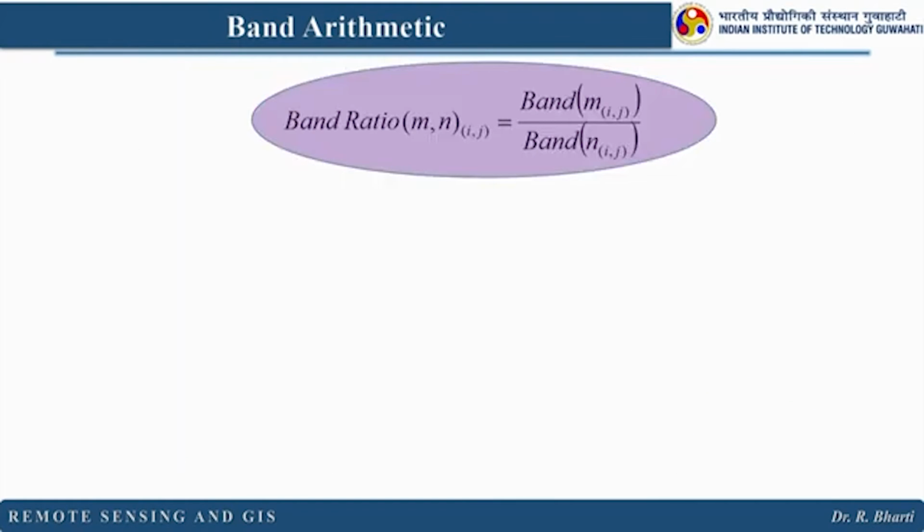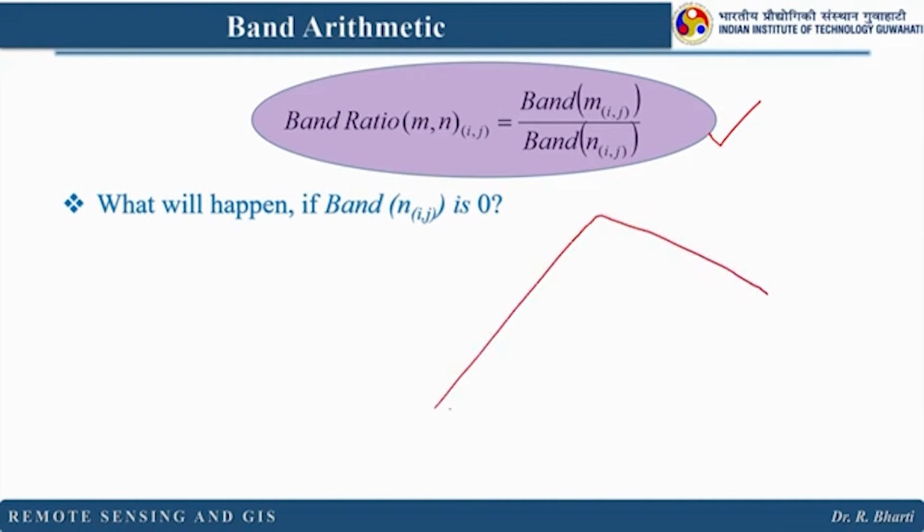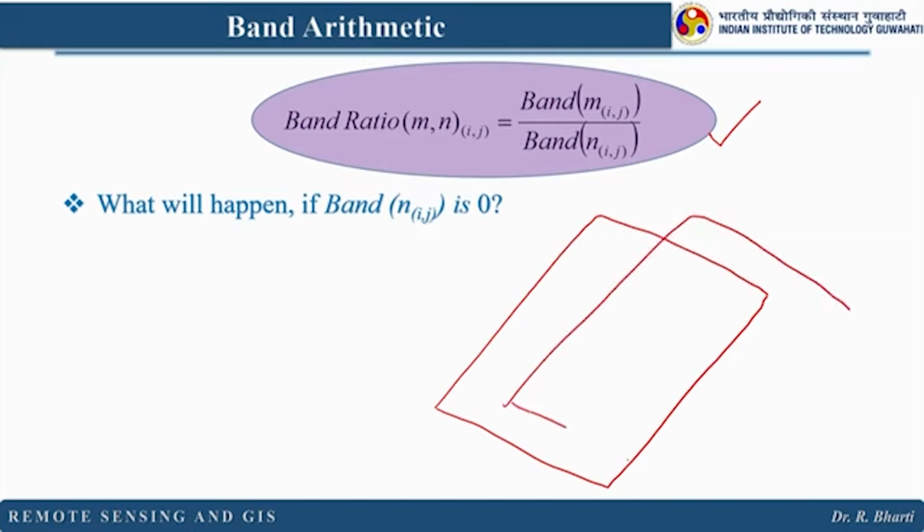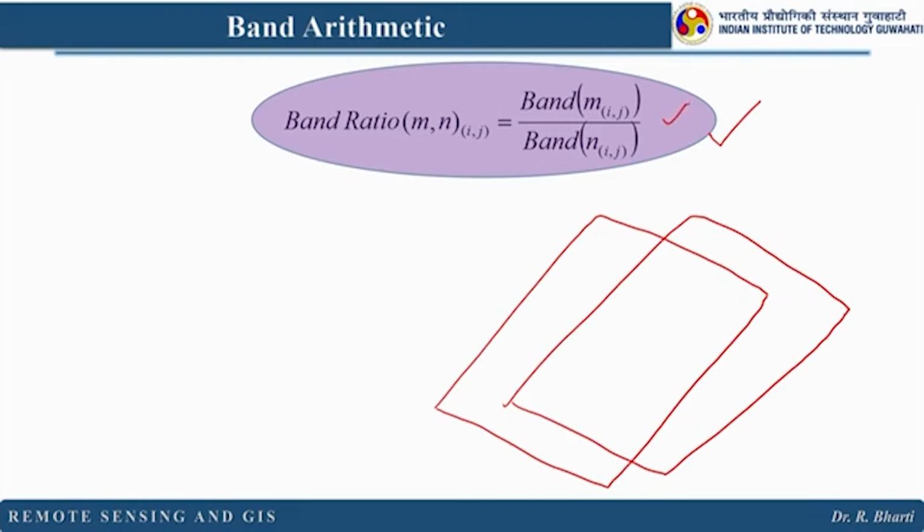So in band arithmetic, you have already understood this part. So what will happen if band Nij is 0? Because you have seen there are several errors attached with the remotely sensed image. Now suppose you have 2 bands and you are going to use this particular band ratio.